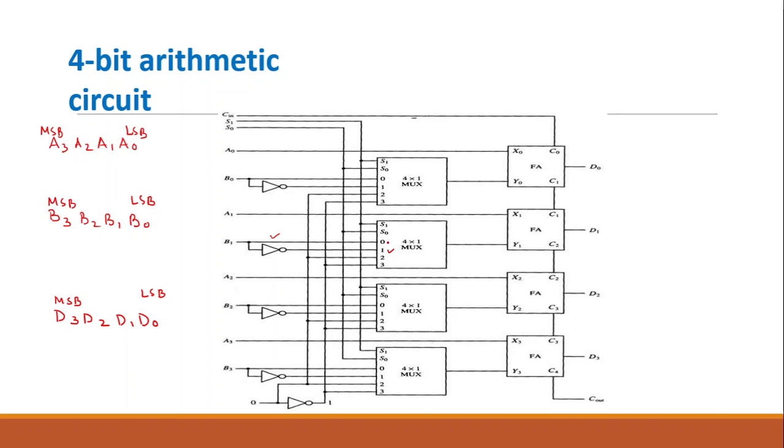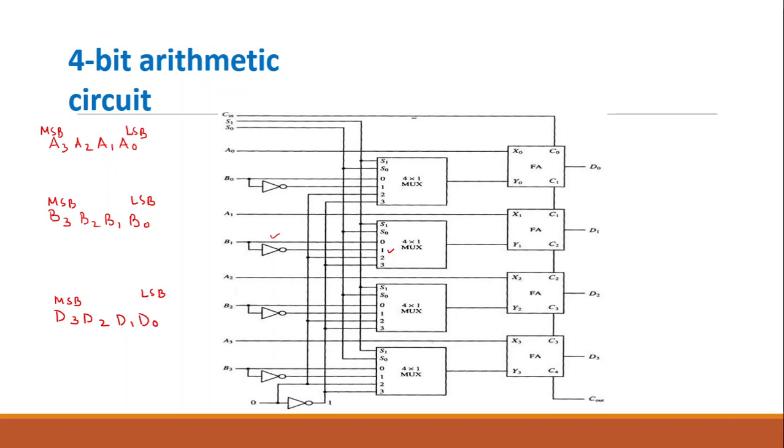So in the logic, if we consider data 0, it will take the B input, and data 1 will take the B complement input.